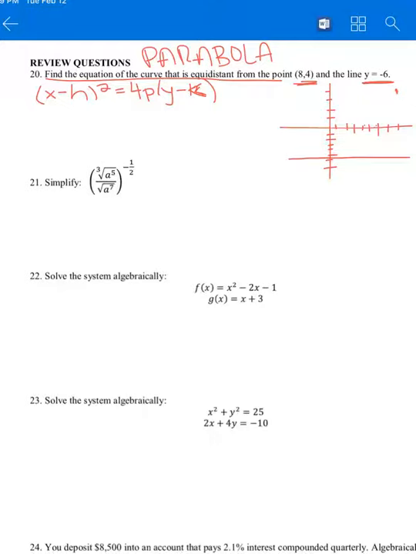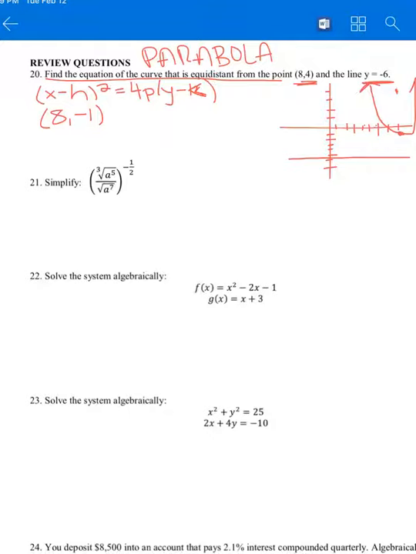So the vertex is the point that's directly in the middle. I can count spaces if I want, but the point that's in the middle is right here. That point is 8 comma negative 1. This parabola is concave up because the parabola has to look like it's hugging around the focus.